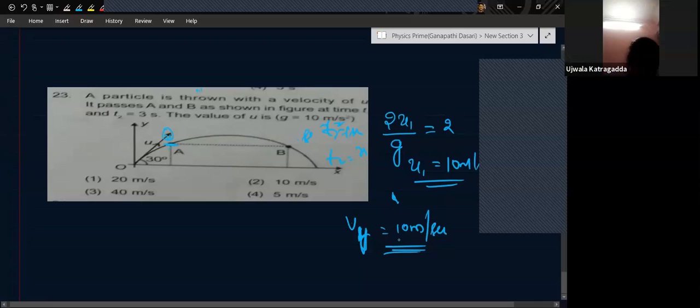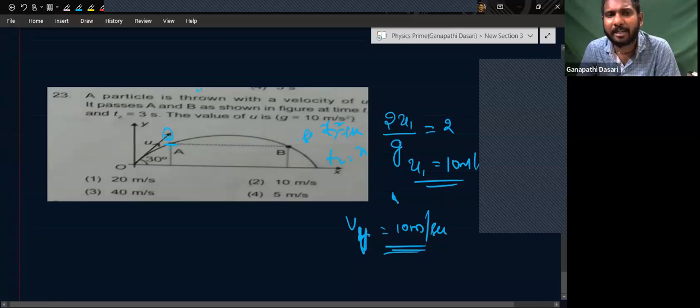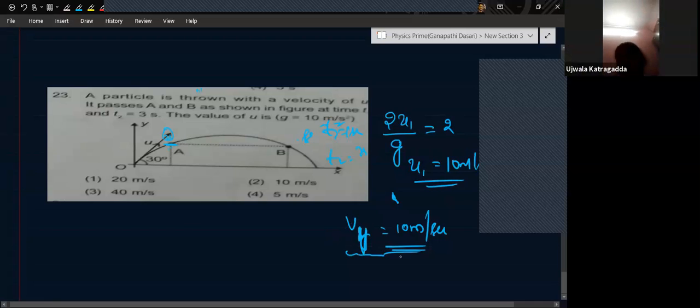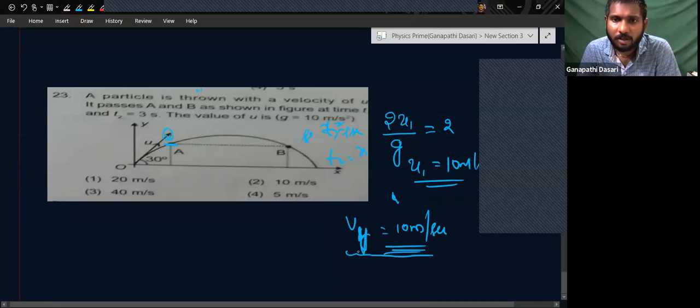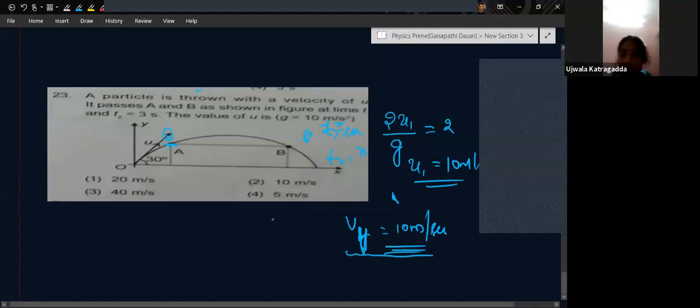If Vy at point A is 10 meter per second, B also will have the same Vy. Horizontally, the velocity will not change, that is u cos theta.